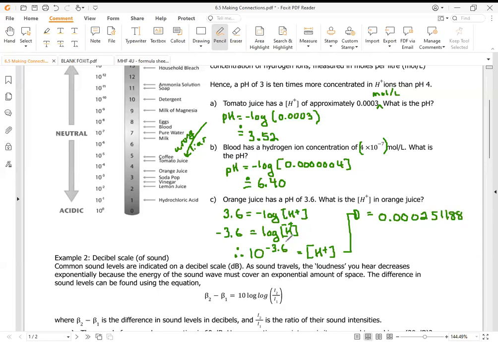I would imagine it would be very difficult, because there's no real way to calculate without a calculator, essentially. That's what you're asking, I think. Okay, so approximately 0.00025 moles per liter. Since I'm going back to concentration, there it is.